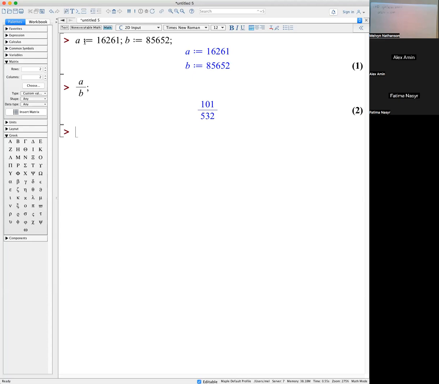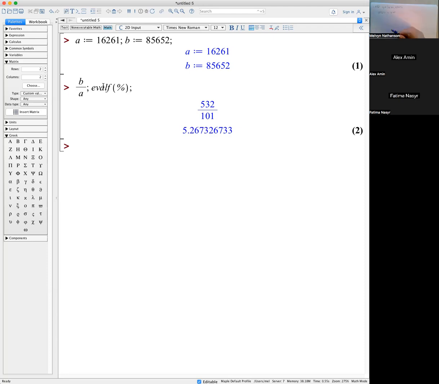Let me do it the other way: B divided by A, written as a decimal. On a calculator, this is what I would get.